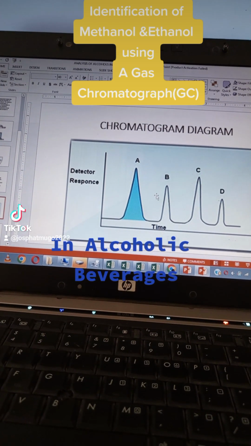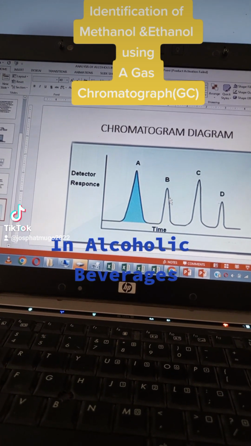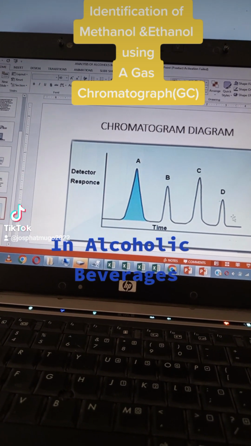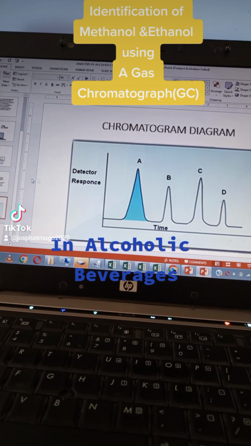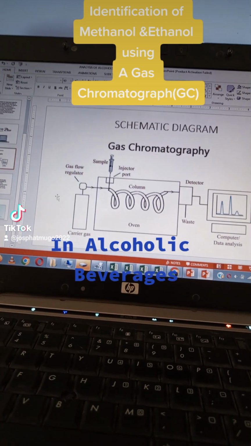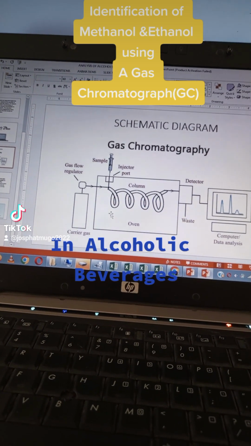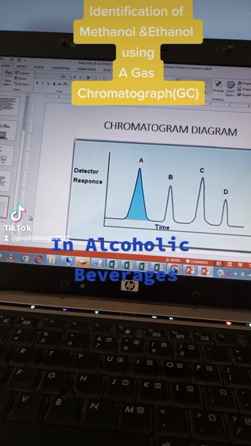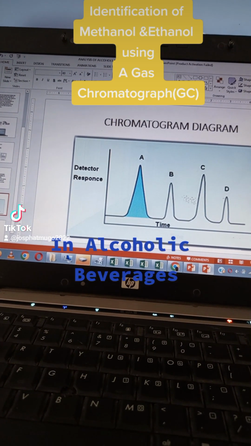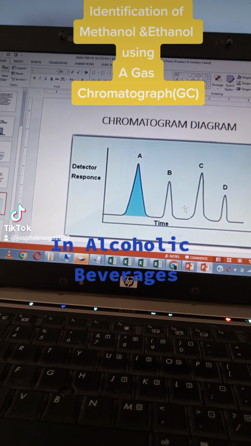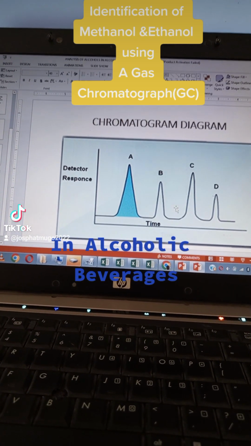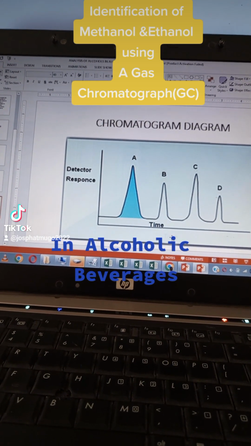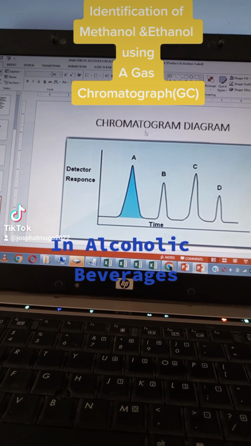For instance, in this sample, we have components A, B, C, and D. The separation of all these takes place here in this column, according to the boiling points of these various components. A graph showing the detector response against the time, which we call the retention time, is what we call a chromatogram.